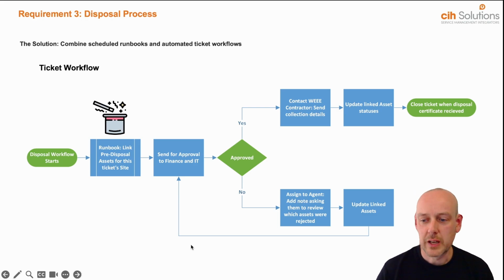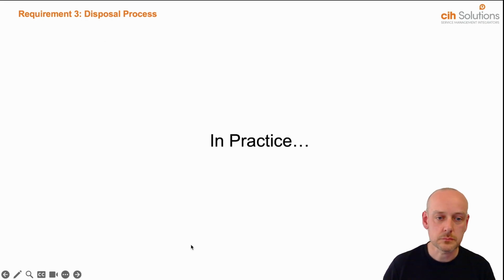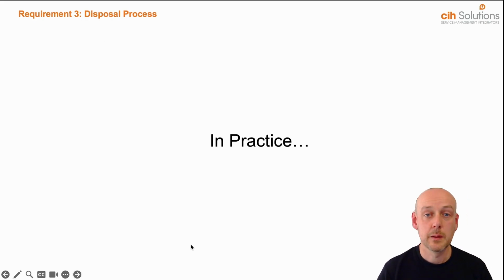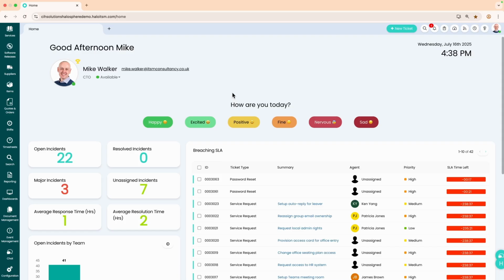If there's any objections to specific assets being disposed of, the agent can review those comments and make adjustments to the ticket. They can unlink or relink assets before it gets sent for approval again. Let me demo that to you, and then I'll show you behind the scenes. I'll start with a report because that's the foundation of the whole process.